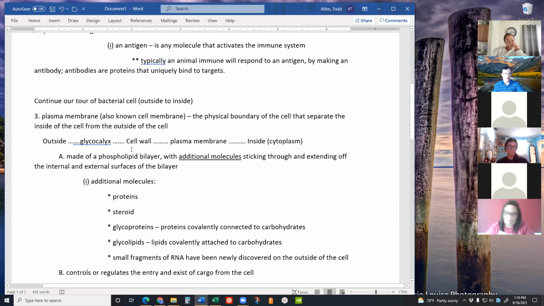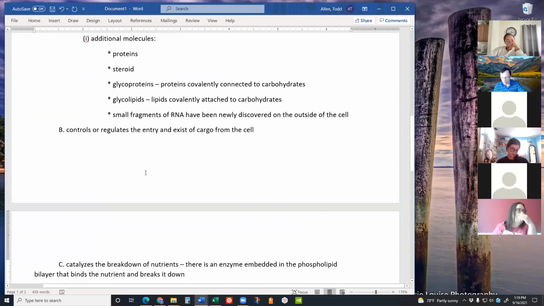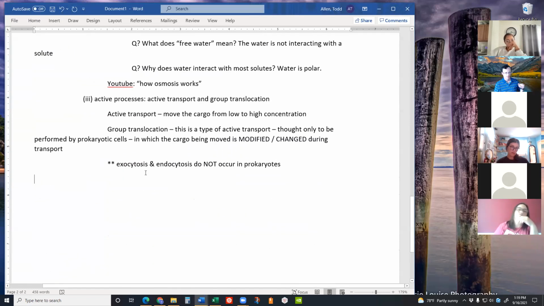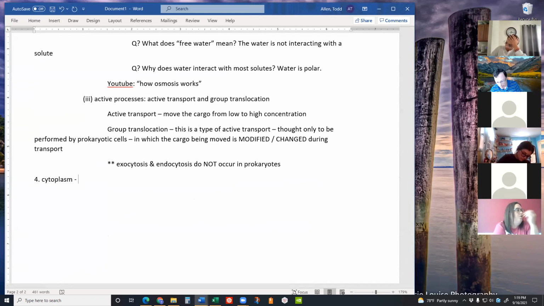All right, so number 3 was plasma membrane. We're now going to continue our tour here of a typical prokaryotic cell. Number 4 is the cytoplasm. I'm not going to say much about it. The cytoplasm is the inside of the cell. The composition of the cytoplasm is kind of jelly-like or honey-like or molasses-like, which is to say it's not just water, but it's water with a variety of dissolved solutes in it, which changes the physical characteristic of the water.